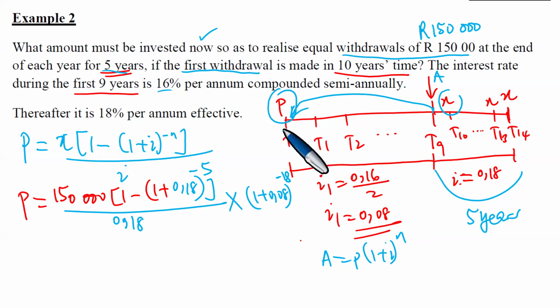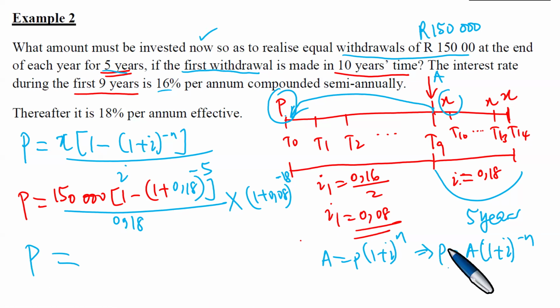When you take it back like that, you need to find P. So you're going to use the formula, but you must make P the subject, which means that P is A(1 plus i) to the minus n. So you take it back using the formula, but 18 periods. It's 9 years, but it's semi-annually here, so it's times 2.